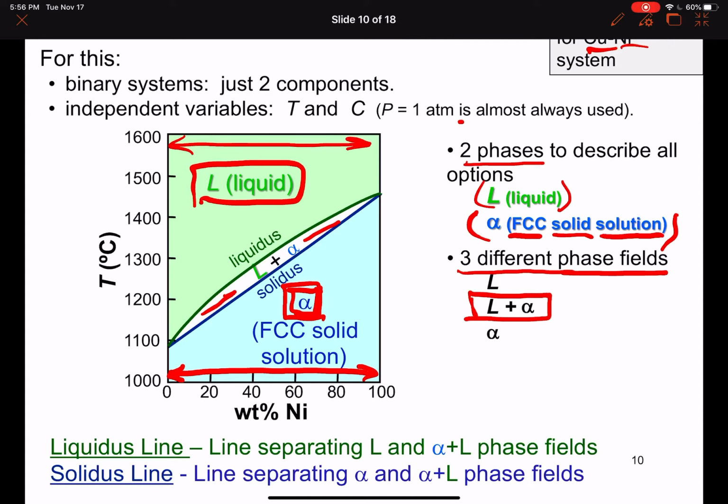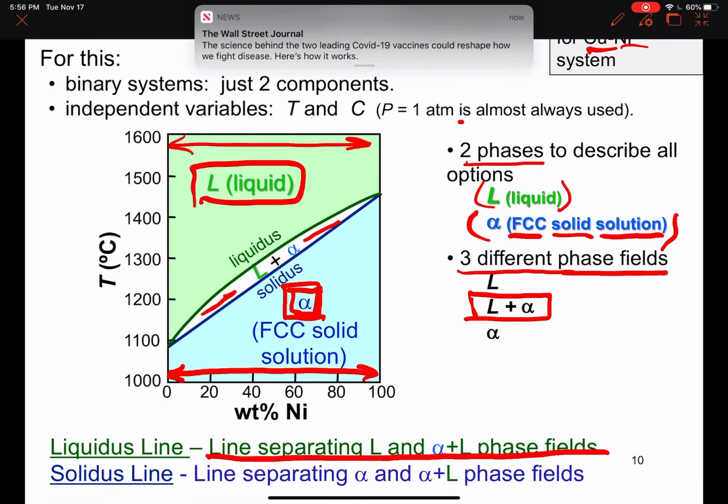Okay, the boundaries that take us from outside of the 2-phase liquid phase field area are given some special names. So the Liquidus line is the line that separates the liquid from the 2-phase field area defined by alpha and liquid.